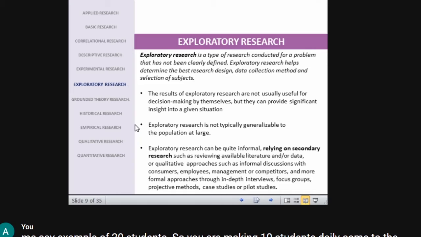They are testing based on the responses of the users who are using the beta version. If it is positive, the final version will come out. If it is negative, with certain modifications, the final version comes out. So exploratory is exploring the best possibilities based on certain parameters, right?